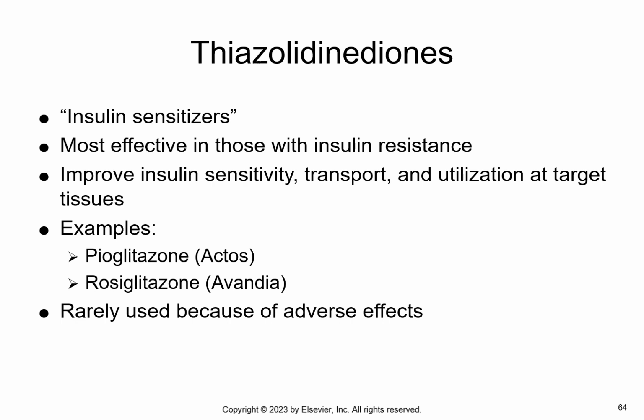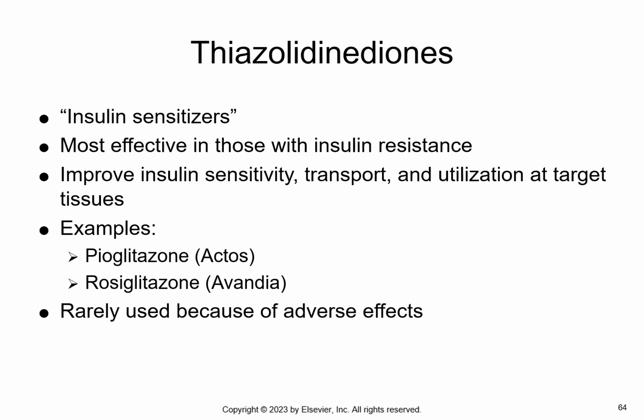They are most effective for people who have insulin resistance. These drugs improve insulin sensitivity, transport, and use at target tissue. Because they do not increase insulin production, they do not cause hypoglycemia when used.